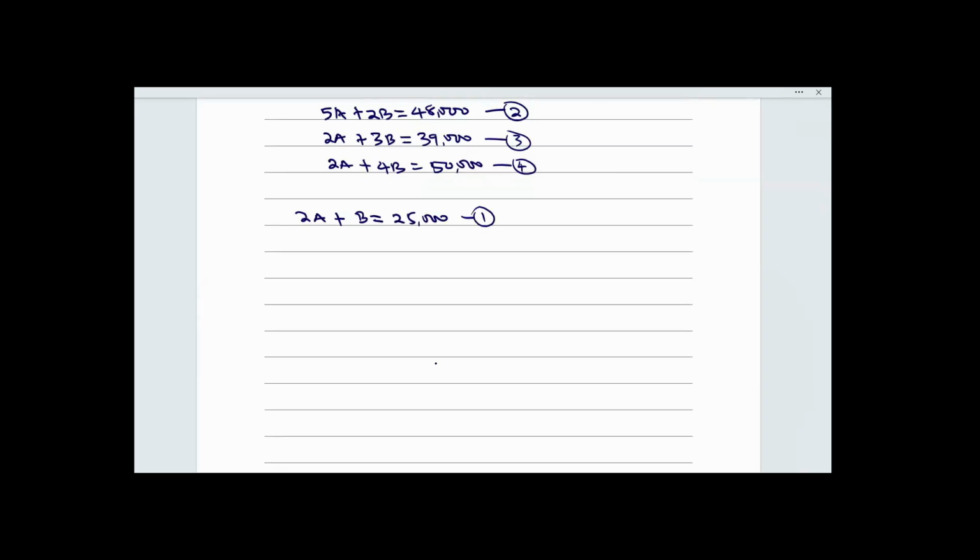Using the elimination method, I would say let A equal 0. If A is equal to 0, then B will be equal to 25,000.